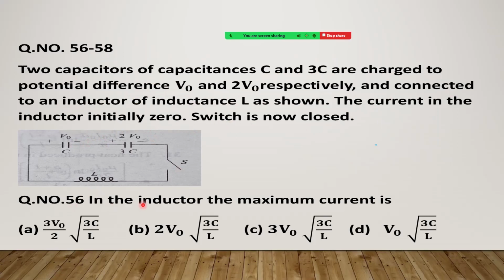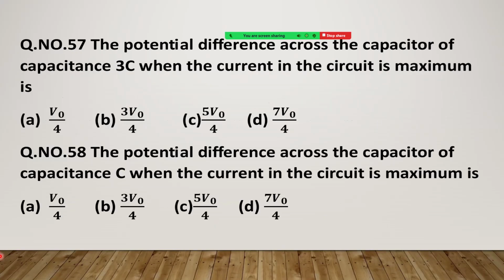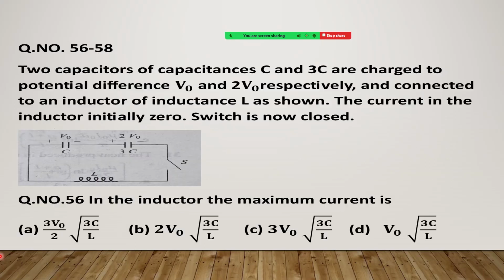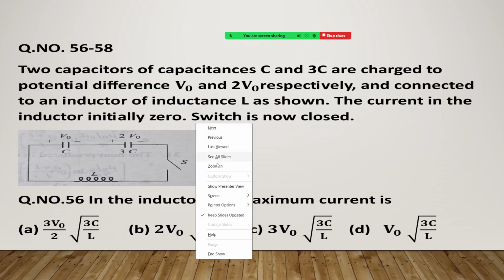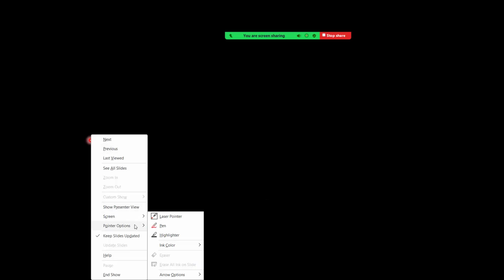The maximum current in the inductor is? Right. Next, I have two more questions. First, let's focus on the first question. See how to start. First, make the given diagram.